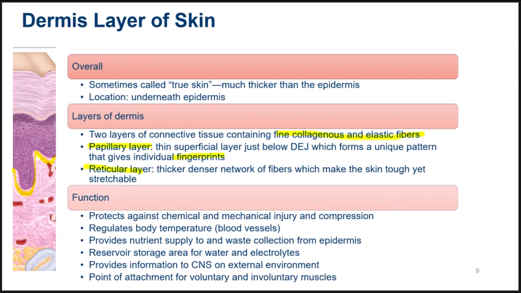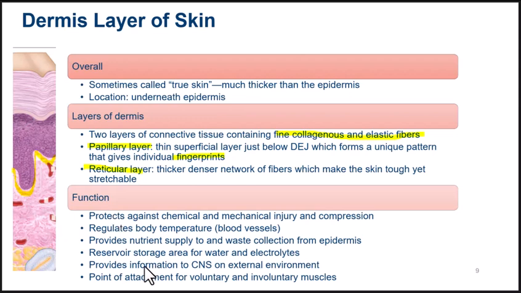The various functions of the dermis layer include protection against chemical and mechanical injury, as well as protection against compression, and body temperature regulation through blood vessels dilating, so widening, and then blood vessels constricting, so closing or shrinking in diameter.